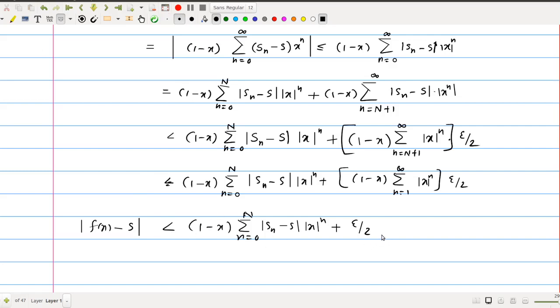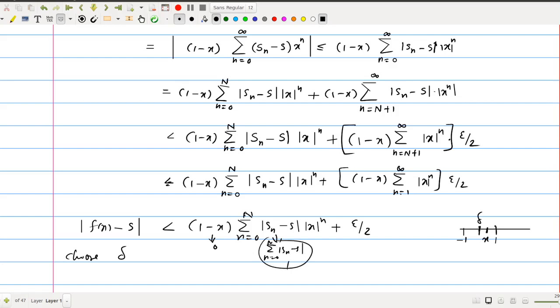Now we take x approaches to 1, or choose delta. This is our 1 and this is minus 1. Here we have x. So choose delta such that, as x tends to 1, this quantity tends to 0, and this whole quantity, the summation from n equal to 0 to capital N of |Sn minus s|, is a finite number.